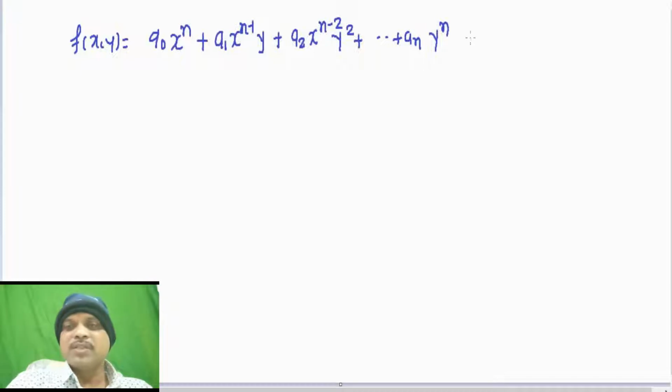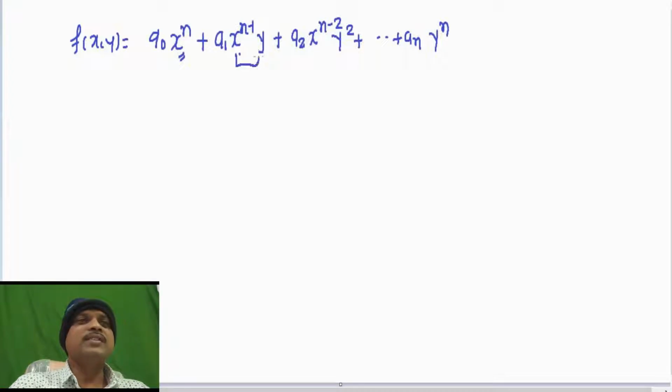Why the word homogeneous? The word homogeneous is about the degree. If we see every term of this function, the first term is x raised to n. In the second term, if we add the powers of x raised to n minus 1 and y raised to 1, we get n.